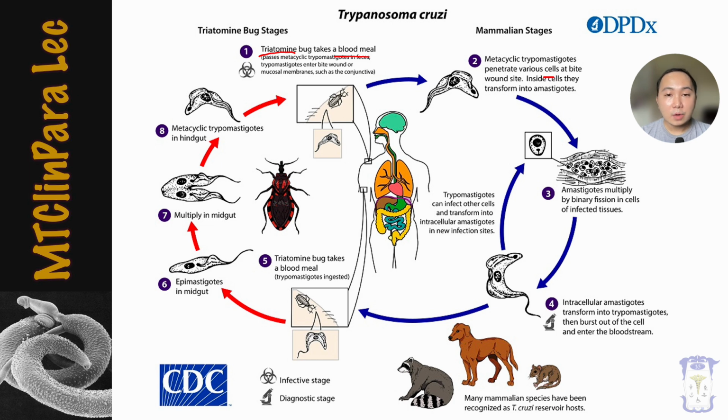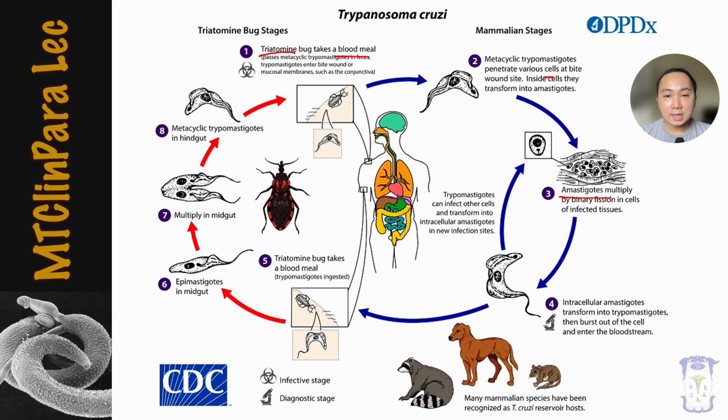Now, inside our tissues and cells, your trypomastigote will become an amastigote where they will multiply by binary fission. As you can see, it is very similar to Leishmania in a way that they need to penetrate a specific cell or a specific tissue to become an amastigote.